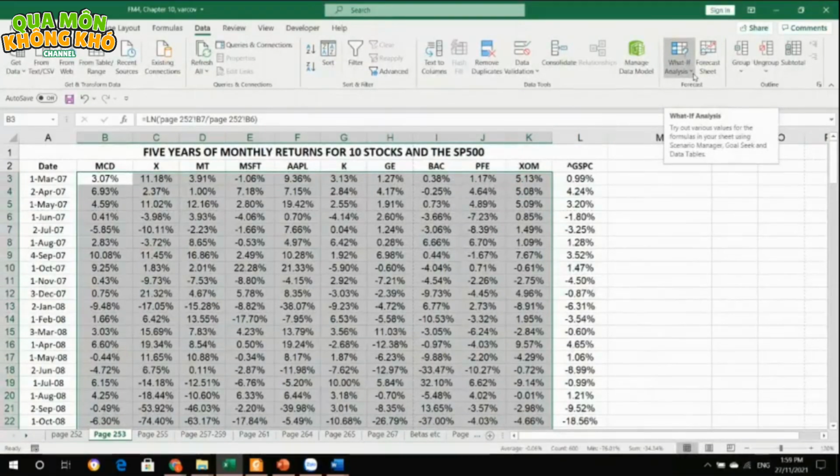You don't remember data analysis? Data analysis, we already used many times in this course, the data analysis module in Excel.